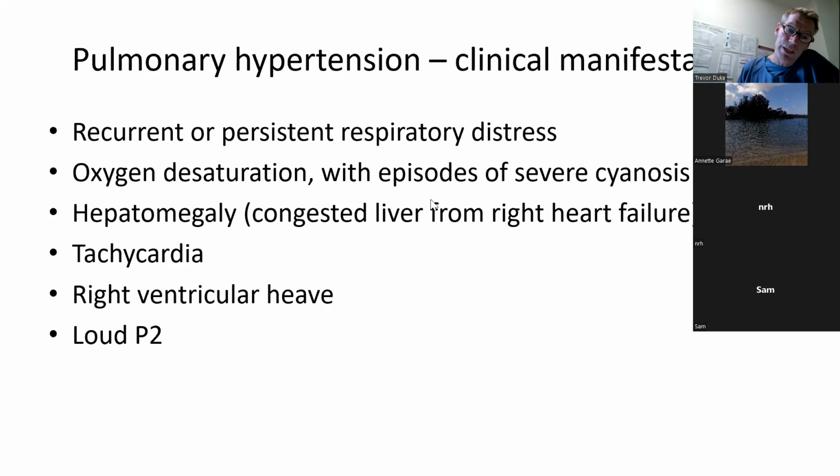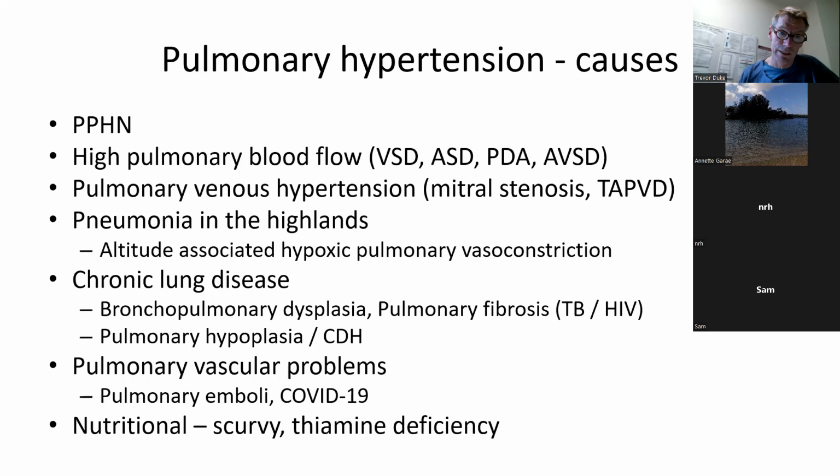And they often have a loud pulmonary second sound, which I know you all know. Everybody says, well, they have a loud P2, but also try to understand all the other features of pulmonary hypertension. So it's not just basing it on the loudness of the pulmonary second sound, but you put all the clinical features together.